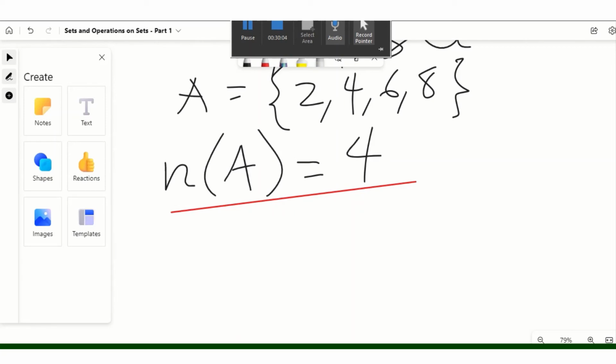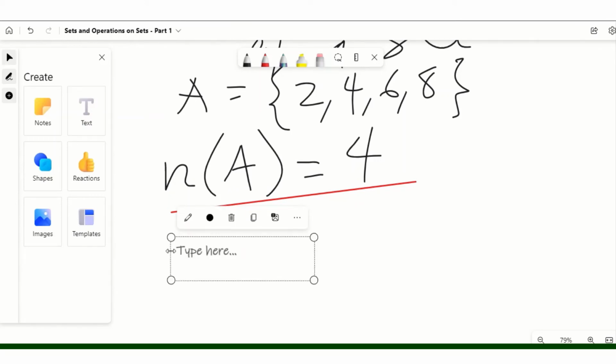Now, take note of this. The number of elements in a set is also called the cardinality of the set. So let's talk about the cardinality.